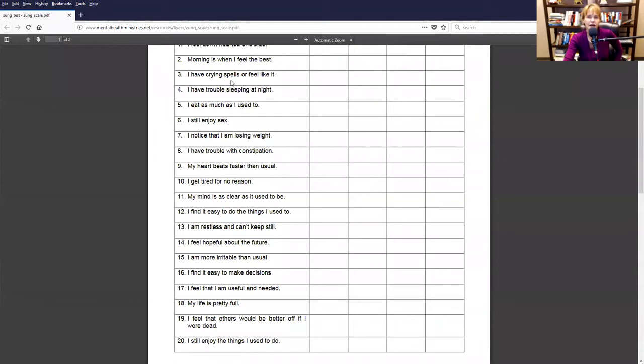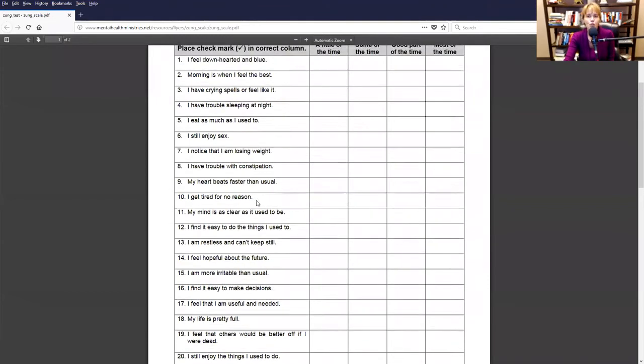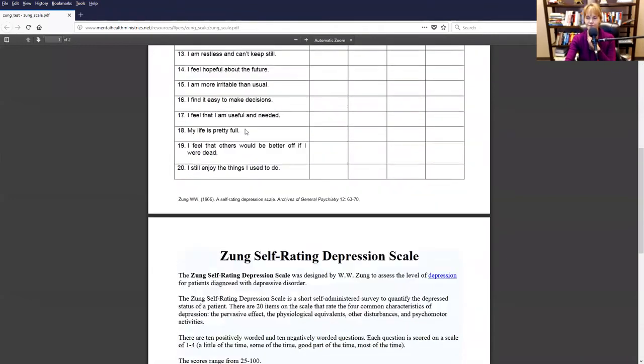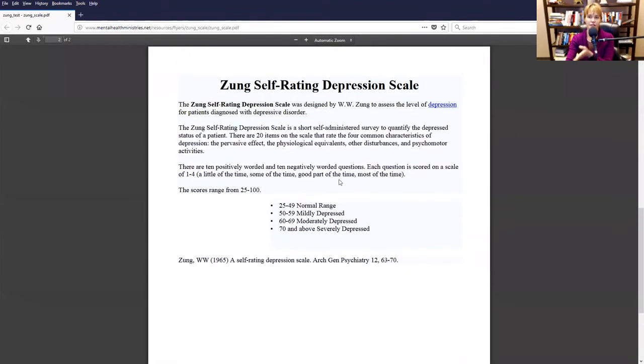Mornings when I feel the best, crying spells, sleeping, sex, weight loss, constipation, foggy headedness. I mean, it asks about a lot of different things that clients with depression often report, and each one of these things can end up serving as a treatment plan problem that you can address. And it also gives you the easy scoring guide right there.